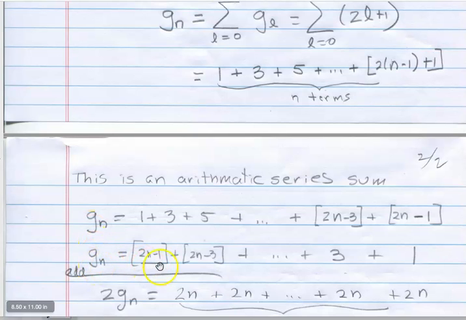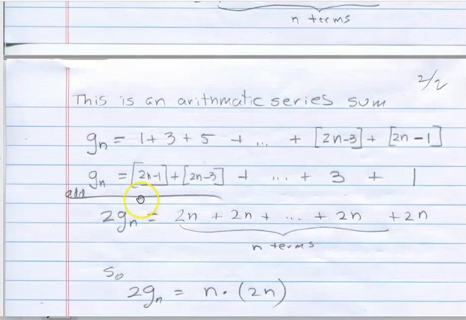That also has to be g sub n. And now I just add these two equations, so everything on this side, g sub n and g sub n, is 2g sub n. But if I add these terms side by side all the way up, I'll get 1 plus 2n minus 1, so that will be 2n.